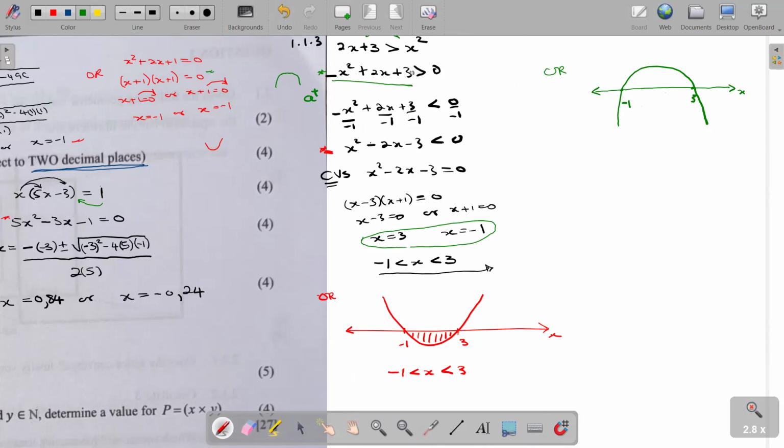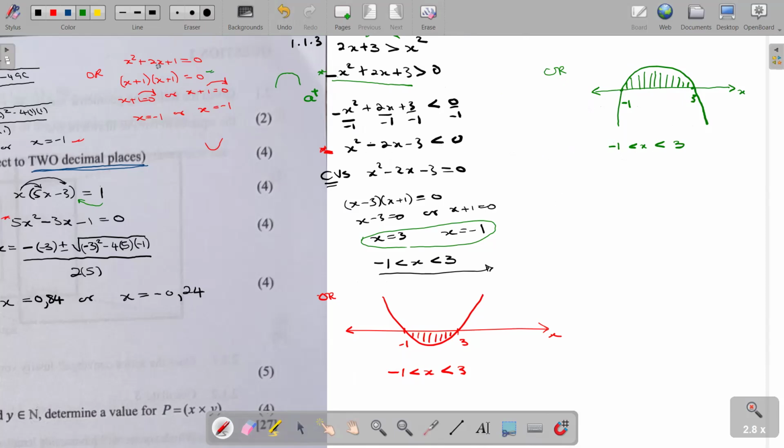So when we are saying greater than 0, we want the part of the graph which is above the x-axis. So it therefore means our solution still is between -1 and 3. So our solution was going to be -1 less than x less than 3.